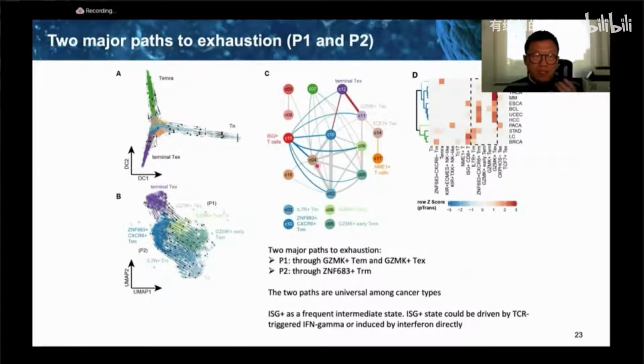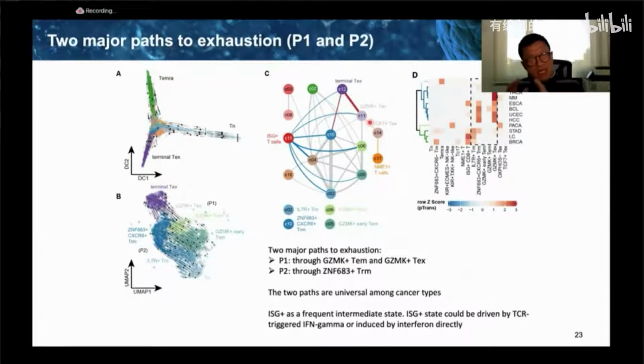In addition to the expression-based approach, we also show that based on TCR sharing, the terminal exhausted T cells strongly share TCRs with GZMK positive TX and these ZNF683 TRM cells, again supporting the developmental path connection between these cell types.